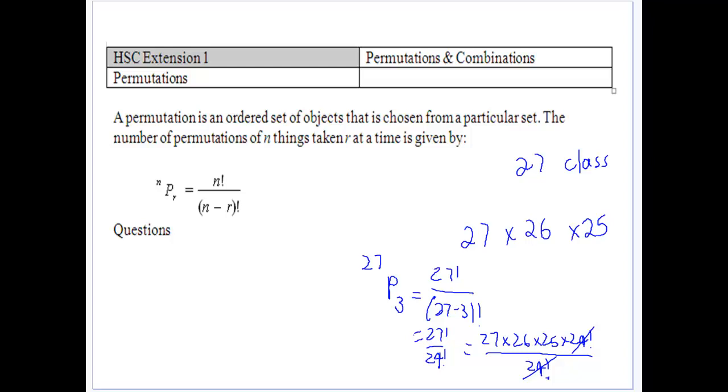If we had 27 people in a class, and I just wanted to pick 3 people, how many ways could I pick 3 people? Well, for the first person I'd have 27 options. Obviously, I can't pick the same person again, so for the second person I'd have 26 options, and for the third person, 25 options. So I could write that as 27 times 26 times 25.